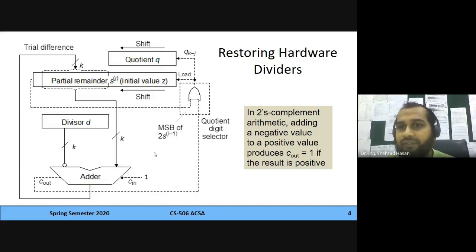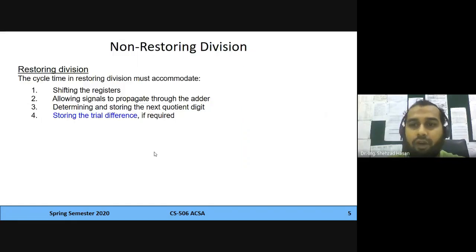So if there are no questions, then I can go on to our next algorithm, which is the non-restoring division algorithm. Up till this point, we have been talking about restoring division. Now we are going to talk about the non-restoring algorithm. When we talk about restoring division, what happens in the different steps? We shift the registers, right?